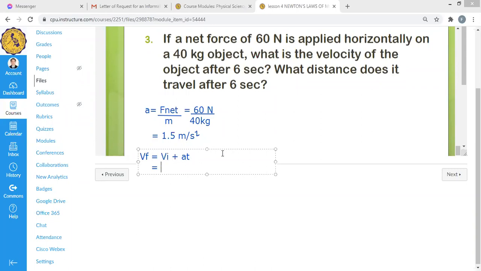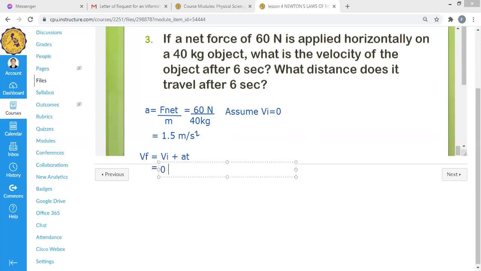Those are things that need to be implied in the problem, although it's not mentioned. We will assume that V sub I is equal to 0. Without that assumption, we will have a missing given.